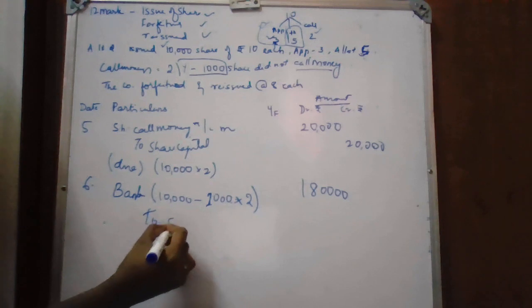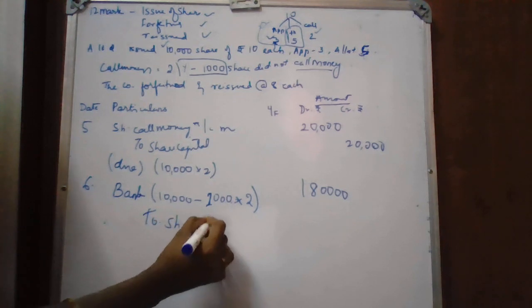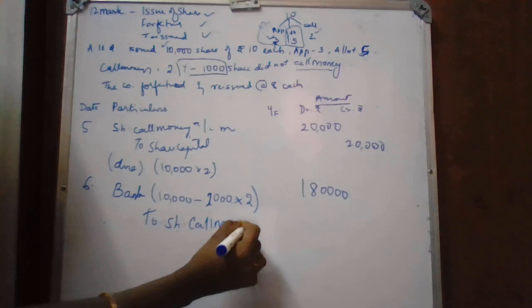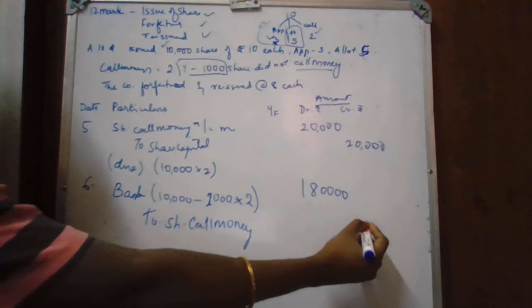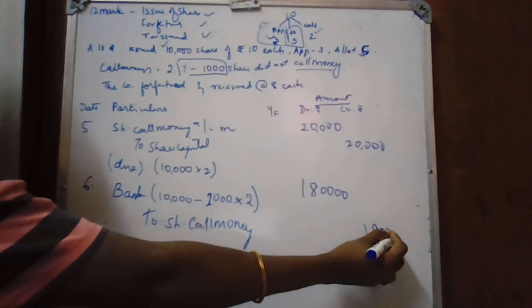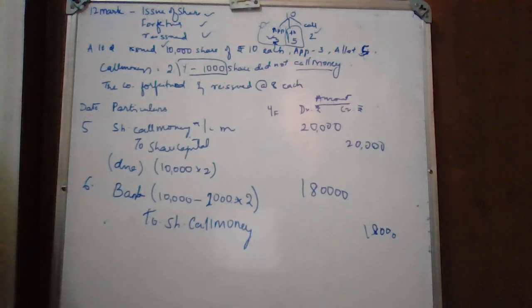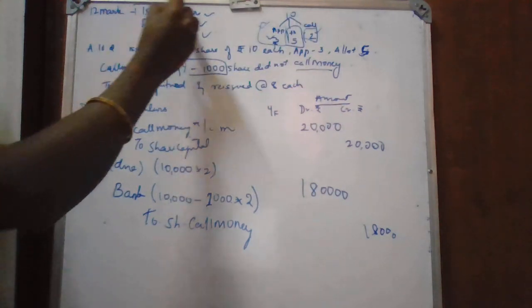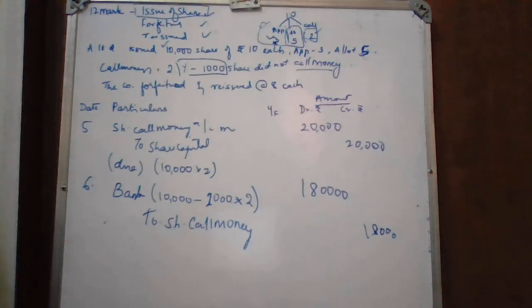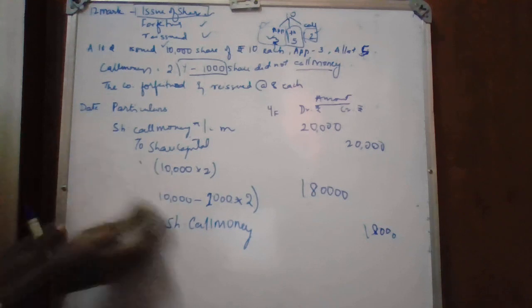Bank account debit to share call money, 18,000. Next, call money is also done. So issue of shares completely with all the stages we have completed. Next, we have forfeiture and reissue. We shall see the next journal entries.